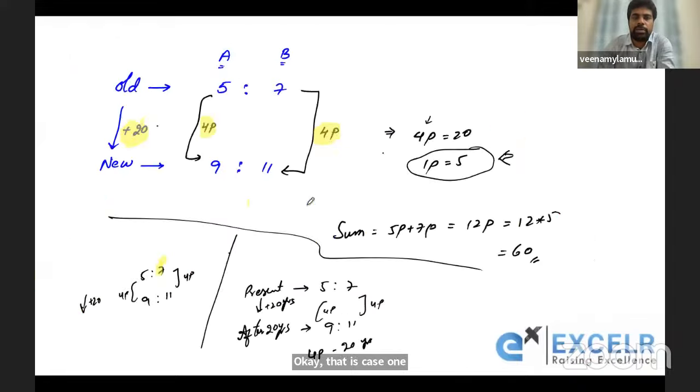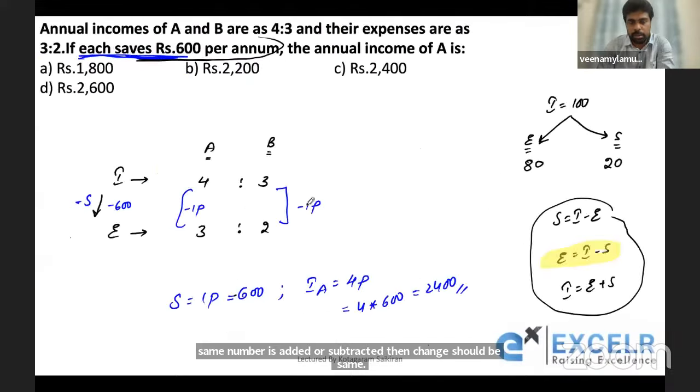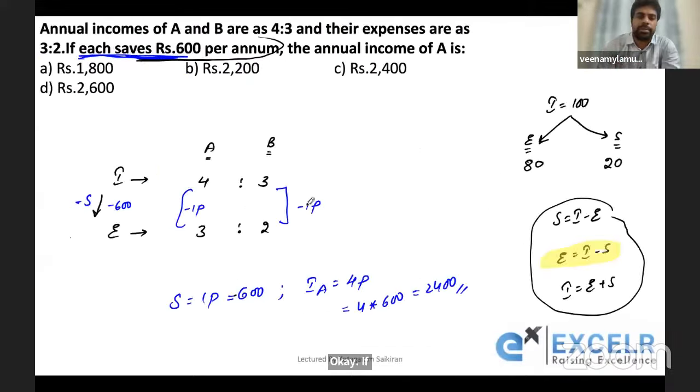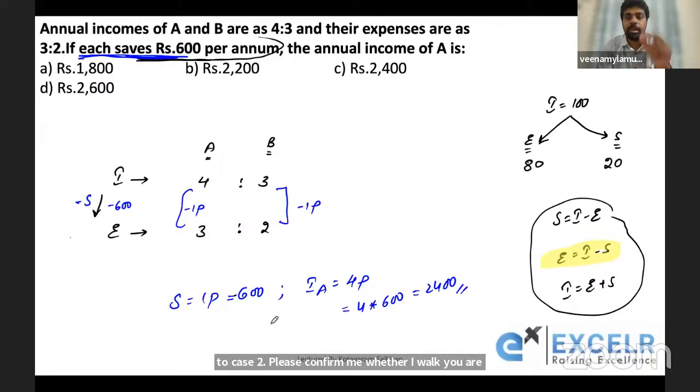So what does case 1 tell you? Case 1 says that if the same number is added or subtracted, then the change should be the same. If you are all okay with case 1, then I'll go to case 2. Please confirm whether you are okay with case 1 or not.